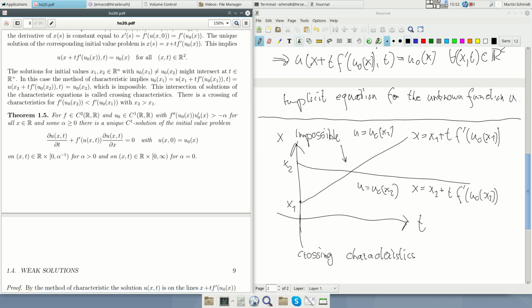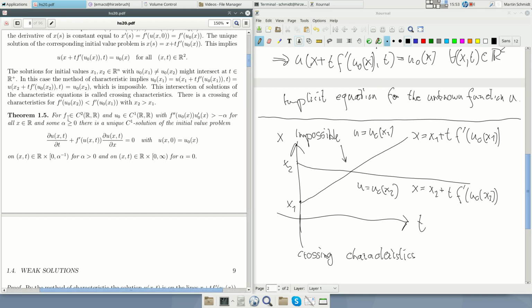But at least for positive times, we have a theorem which states that in some situations we have a solution. What is the statement?